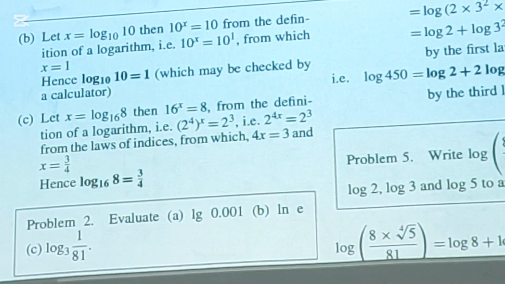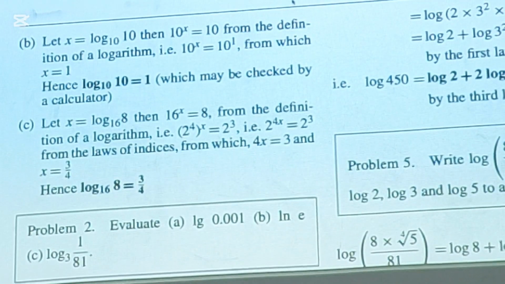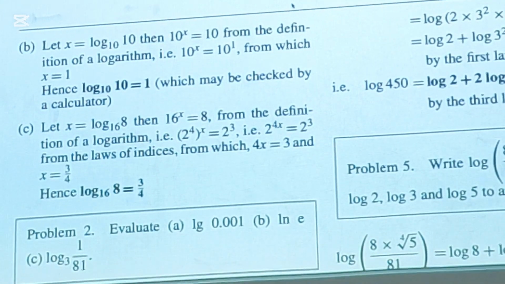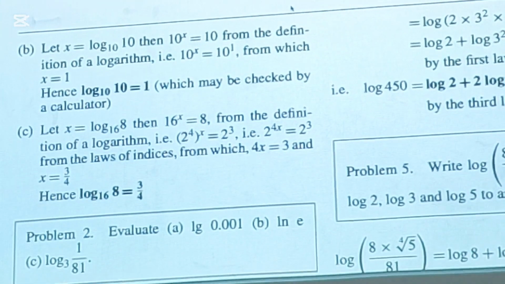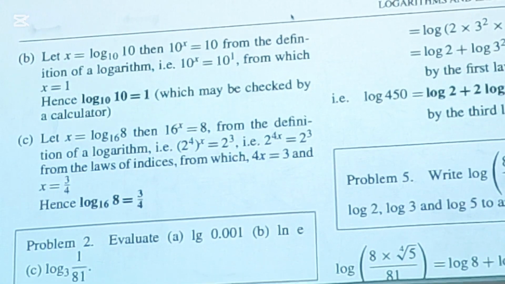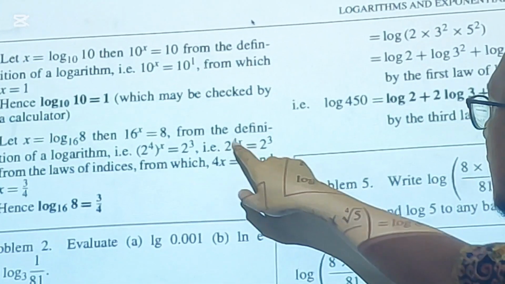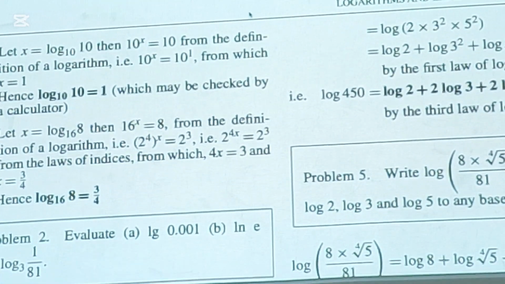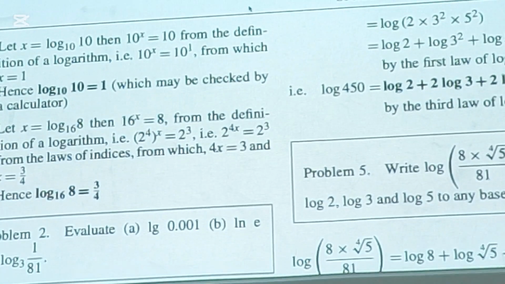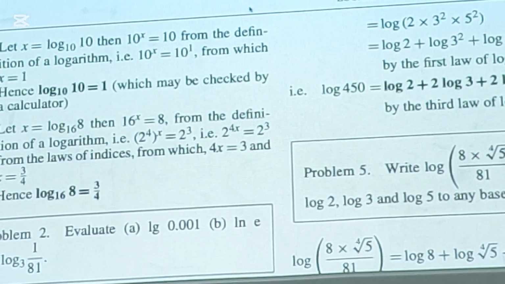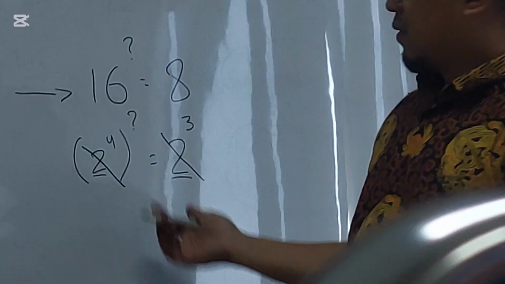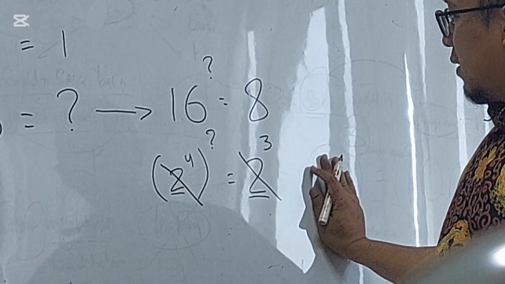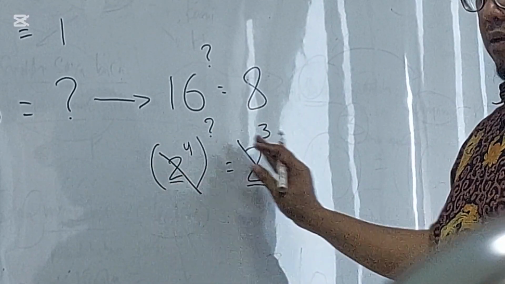So if you find the same base like this, because the base number was similar, you can easily dismiss the base.